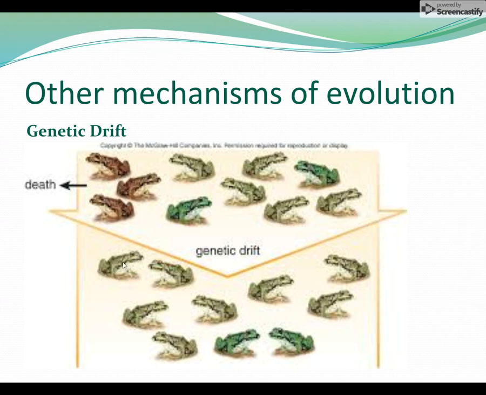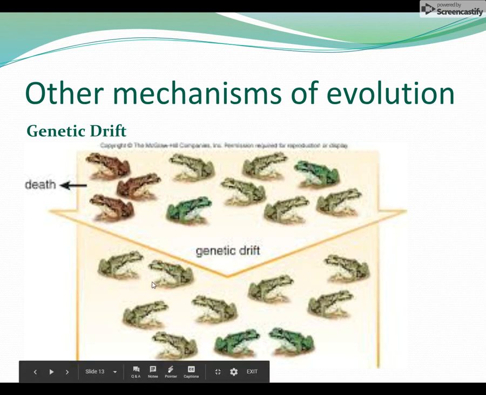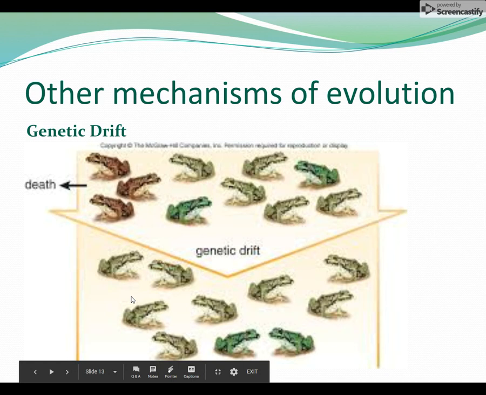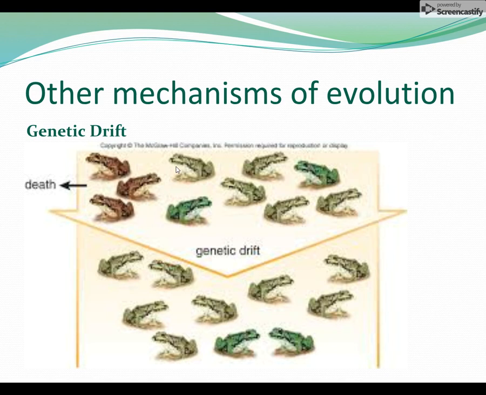When we look at the second generation, we start to notice that it looks very different than the original population. We've lost that red skin color allele, and now our frog population is all green. So it's drifted away from the original population. That's how I like to remember it, that our gene pool has drifted away from what it looked like originally.